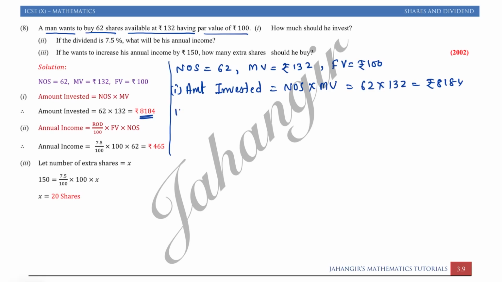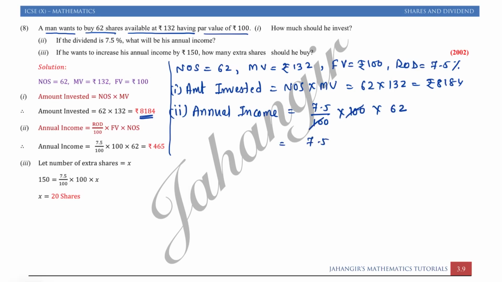Second, if the rate of dividend ROD is given as 7.5%, what will be its annual income? So we can write annual income is equal to ROD, 7.5 upon 100 into face value 100 into number of shares 62. 100 cancels out. Multiply 7.5 into 62, that is equal to rupees 465.